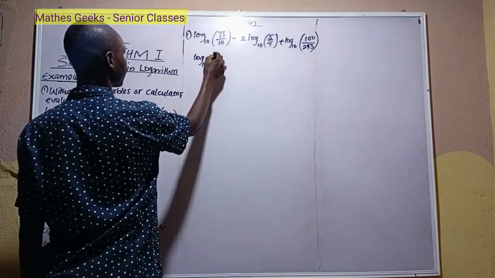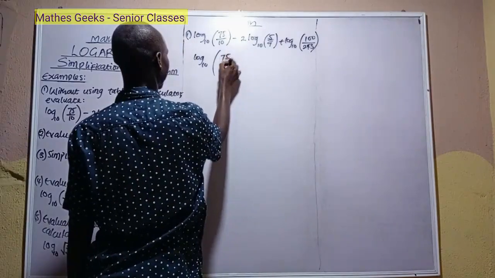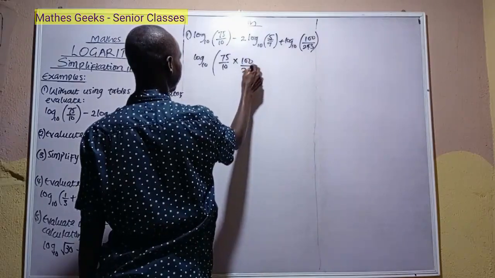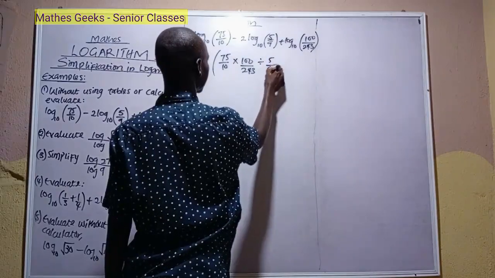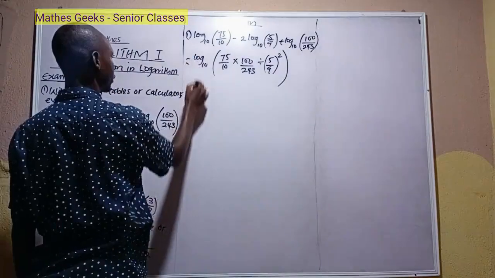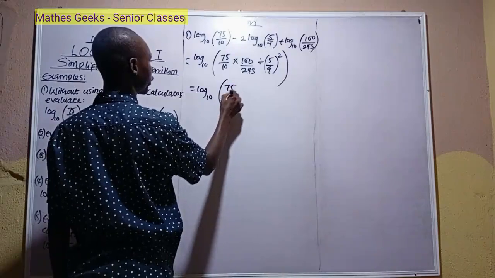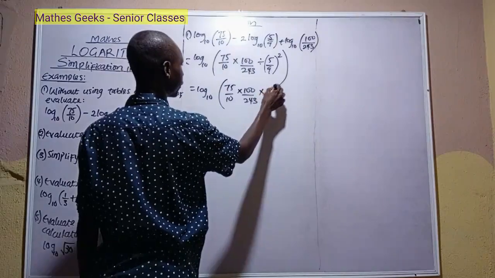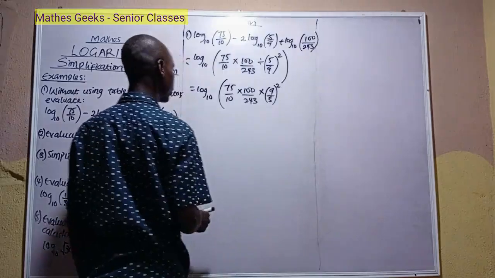We already know that this is positive and this is positive. So 75 over 10 times 100 over 242 divided by 5 over 9 raised to the power 2. So this is equal to 75 over 10 times 100 over 242 times 9 over 5 raised to the power 2.